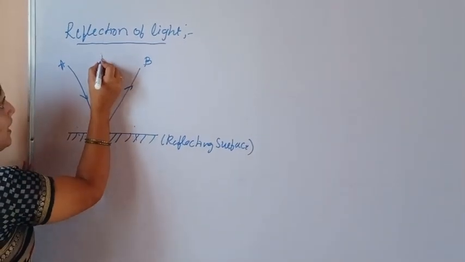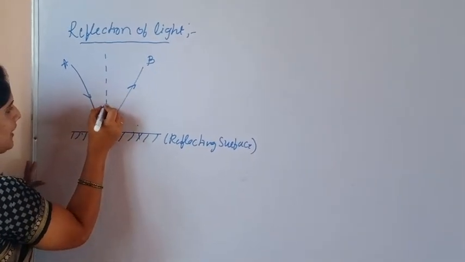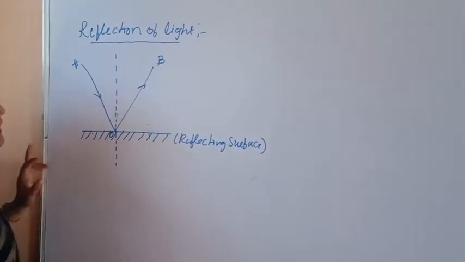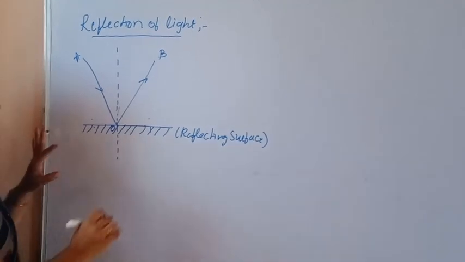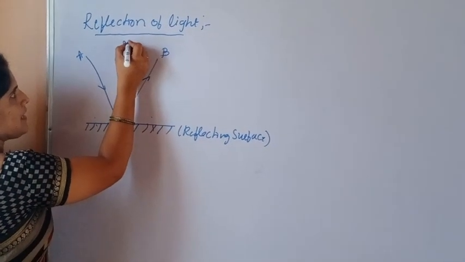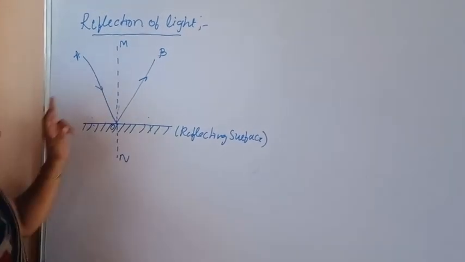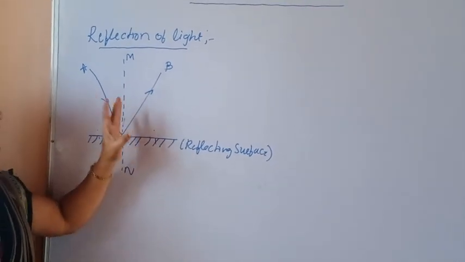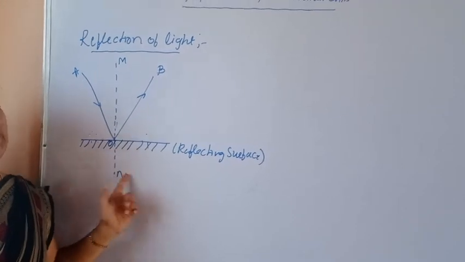Let us call this MN. MN is the normal, or perpendicular imaginary line. It is not a ray, it is only an imaginary line.